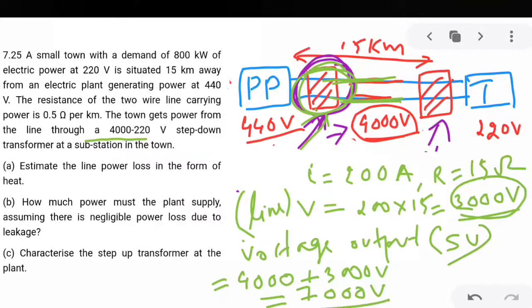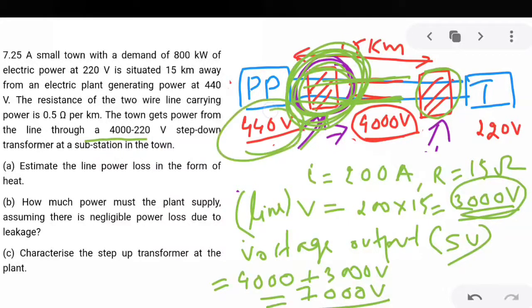Basically, we had 7000 volt, and out of those, 3000 volt was dropped due to the resistance in the transmission line, and 4000 volt is available at the transformer near the town. So this step up transformer is converting this 440 volt into 7000 volt.